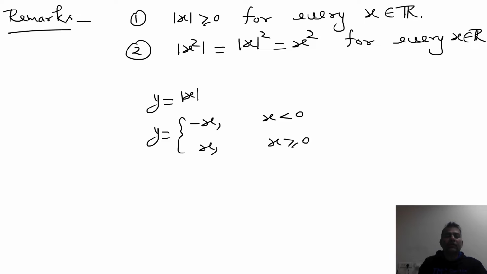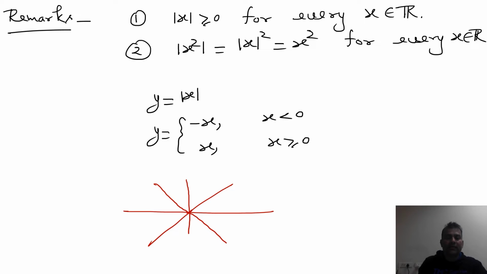So to draw the graph of y equals mod x, first draw these two lines, y equals minus x and y equals x. Okay, so let's draw these two lines. Y equals x and y equals minus x.